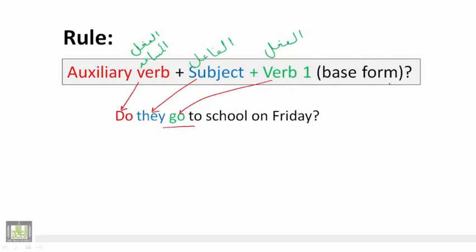It is in the base form, في الشكل الرئيسي. And then you have the complement of the question, ومن ثم عندك تكملة هذا السؤال.